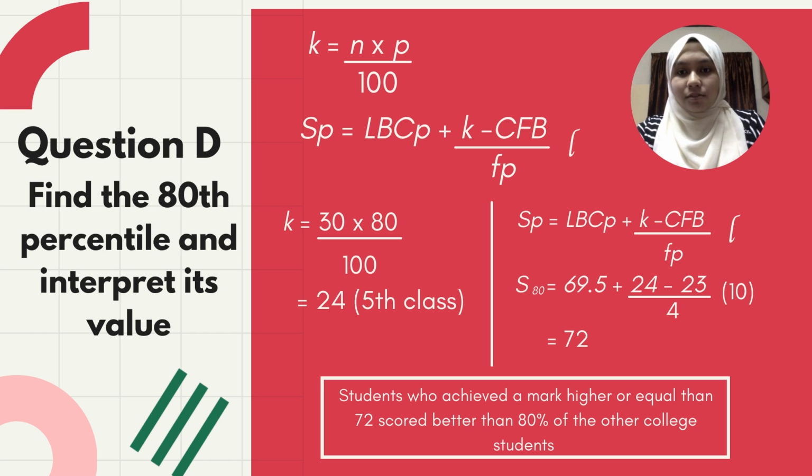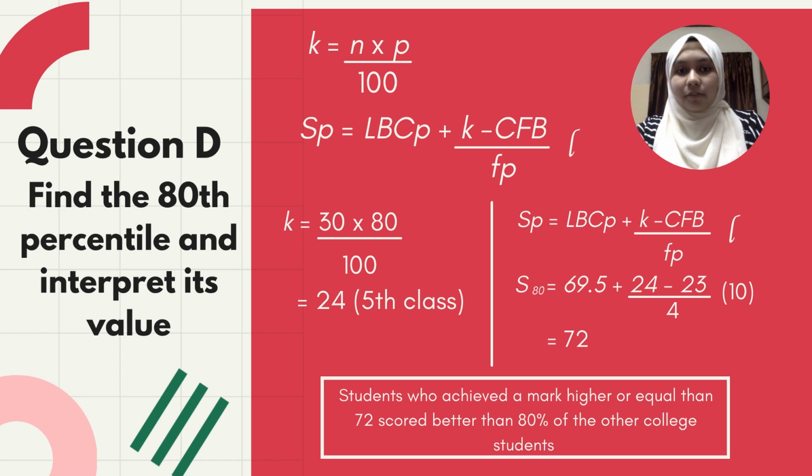So to find the actual value of the 80th percentile, first of all, you have to use the formula, which is SP equals to LBCP plus K minus CFB over FP times by L. LBC is the lower boundary of the percentile class, which in this case is the 5th class.